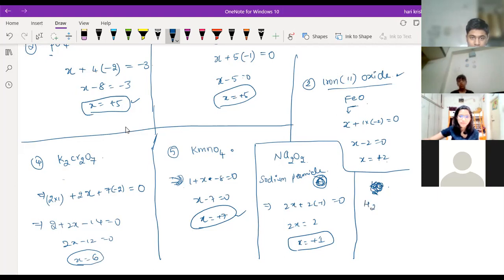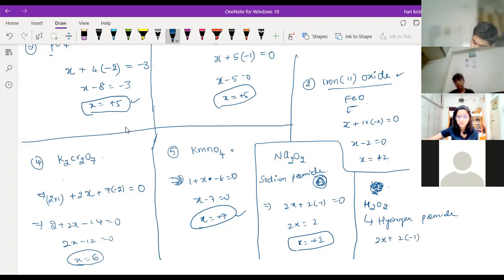What about H2O2? What is the name of this? Hydrogen peroxide. Then what will be the state of H here? For hydrogen, we are calculating 2x plus 2 into -1, right?